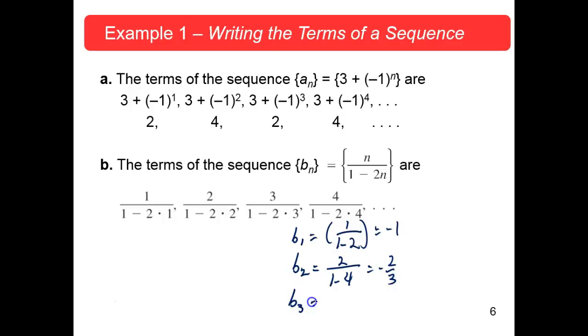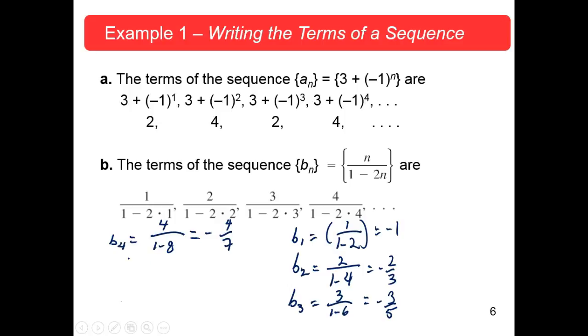B sub 3 would be 3 over 1 minus 6, and that would be negative 3/5. One more. B sub 4 would be 4 over 1 minus 8, which would be negative 4/7. And so on.